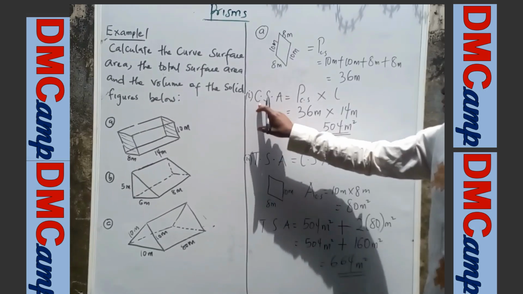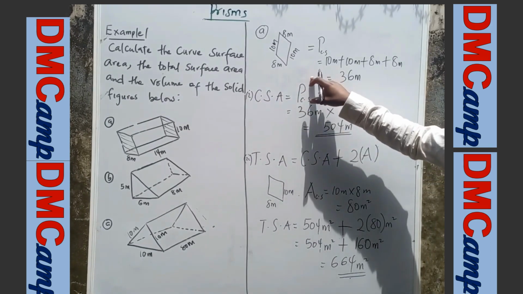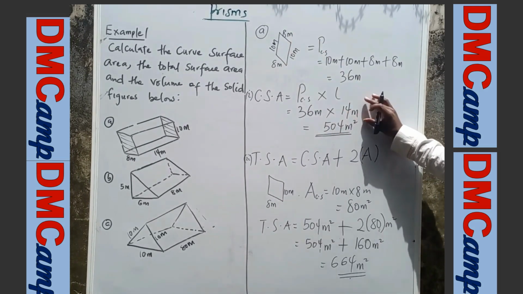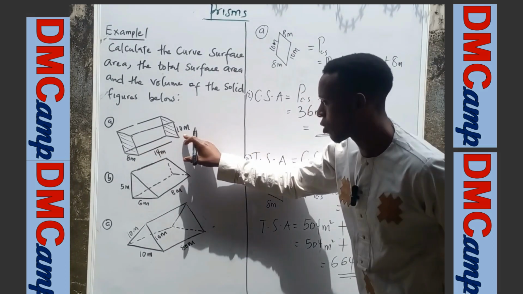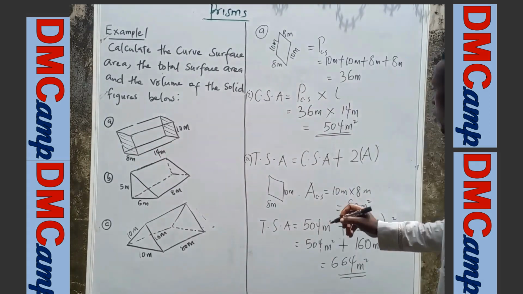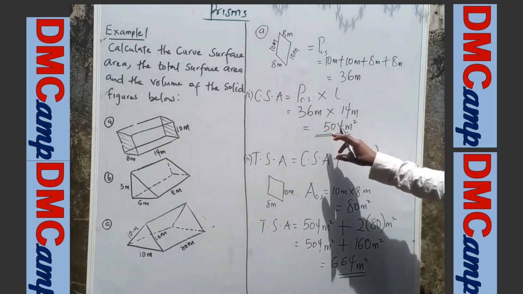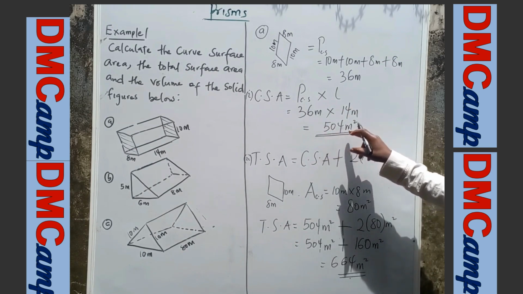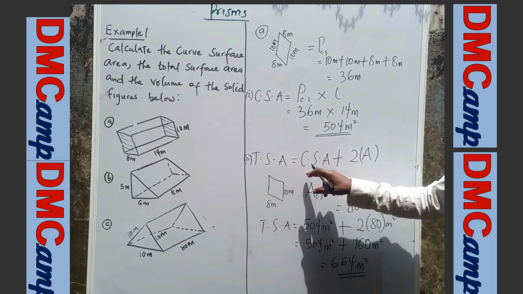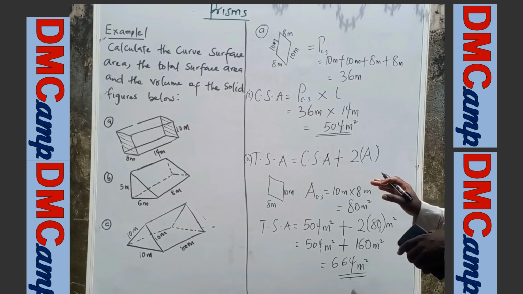Now, the curved surface area is the perimeter of the cross section multiplied by the length, by this length. So here you are going to have 36 meter multiplied by 14 meter, and this will give you 504 meter square. Then the total surface area is simply the curved surface area plus the two areas of the cross section.